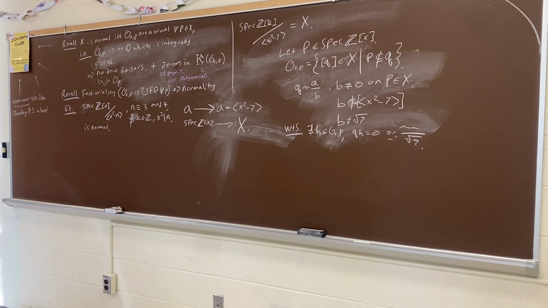It doesn't give us, O_X is a sheaf of rings. I wonder if this has definitions in the back. No, I doubt it. No, it doesn't. So, ring of regular functions localized at P.